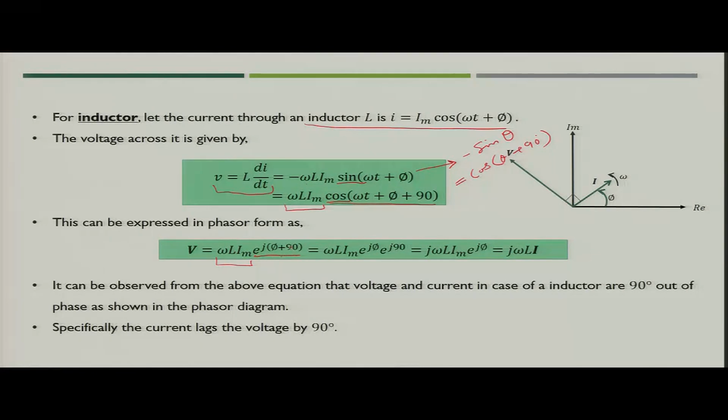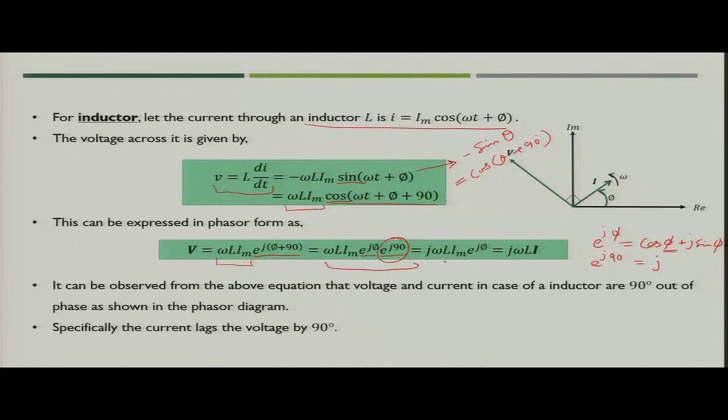Now, this term you can separate as e to the power j phi and e to the power j 90. As you know, e to the power j phi is cos phi plus j sin phi. So, if you write 90 degrees instead of phi, e to the power j 90 becomes j, because cos 90 is 0.